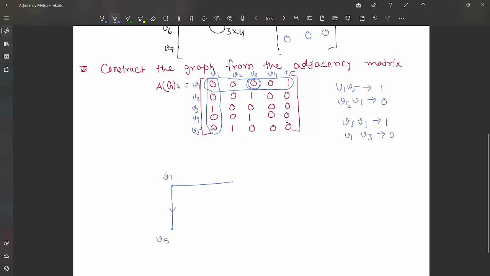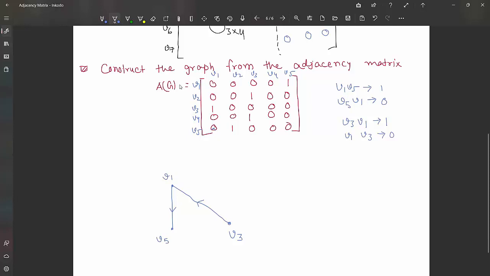Suppose these are v1 and v3. But the direction is from v3 to v1, not from v1 to v3. So from v3 to v1 you have 1, but from v1 to v3 you have 0. And that's the end of the first vertex, first row and first column.